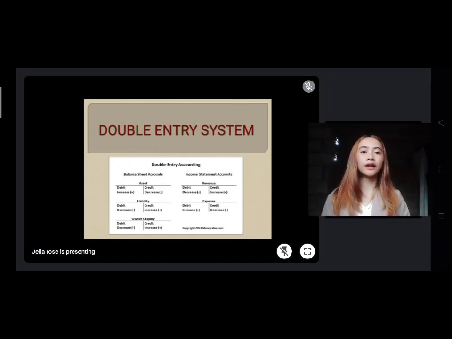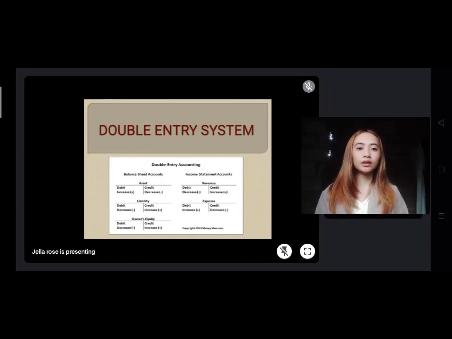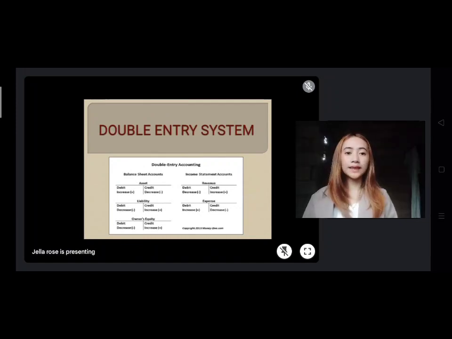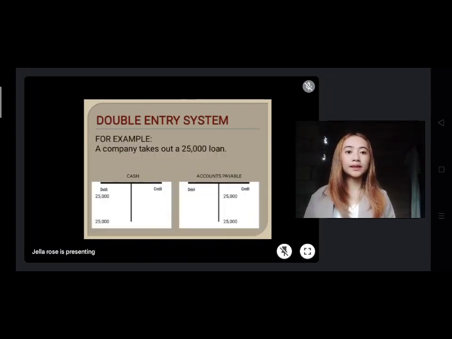Double entry also refers to transactions that are effective in two accounts, one that includes debit and the other that includes credit. For example, if a company takes out a 25,000 loan, the cash or the asset account is debited 25,000 and the outstanding debt, accounts payable, is credited 25,000.